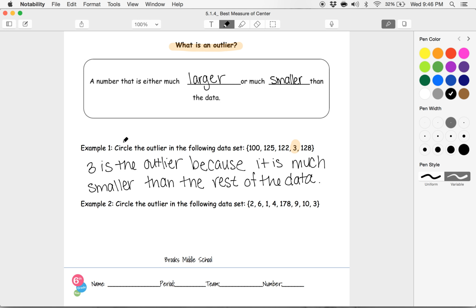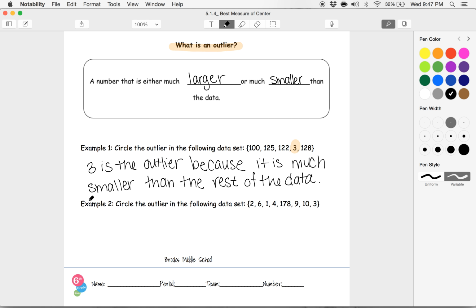An outlier is a number that is either much larger or smaller, so that fits our definition.